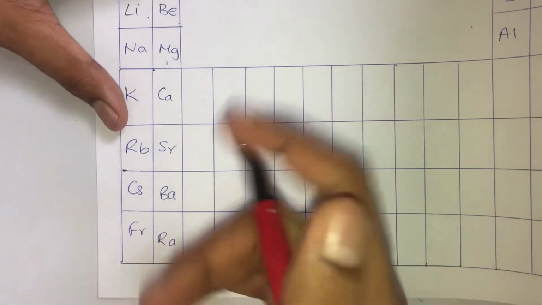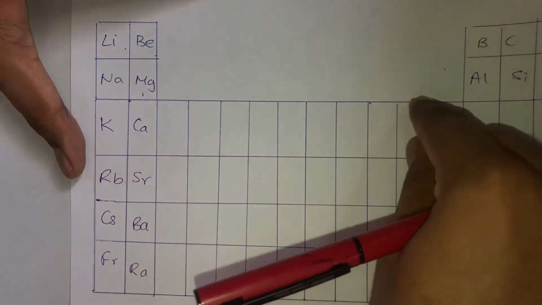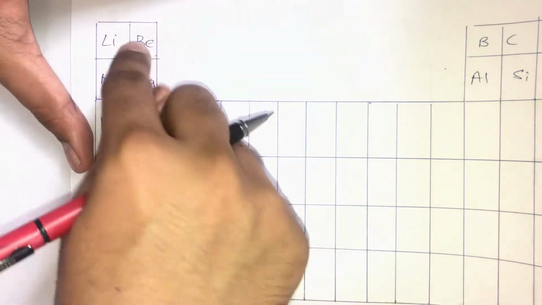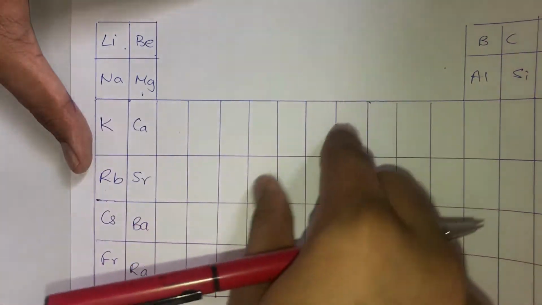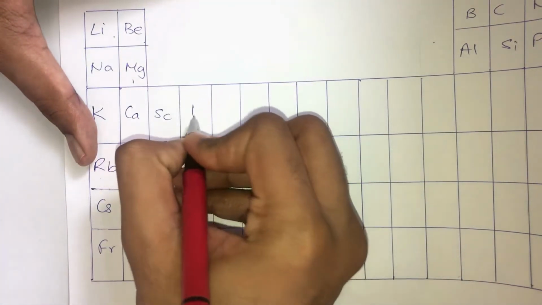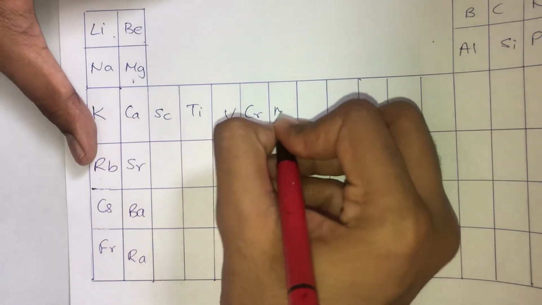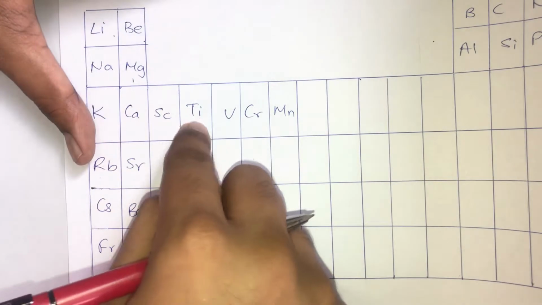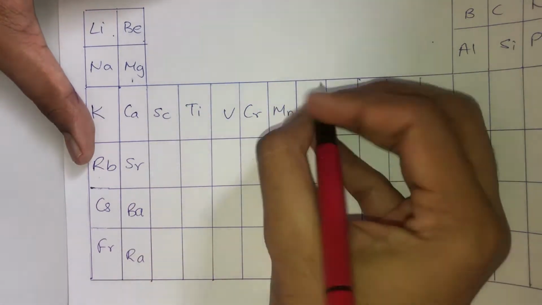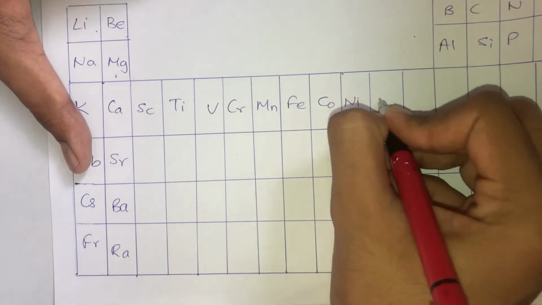Now for the fourth period. Okay, for the fourth period, this is the second, third and fourth period now. Science teacher very cruel man. फेको निकू झिंक.